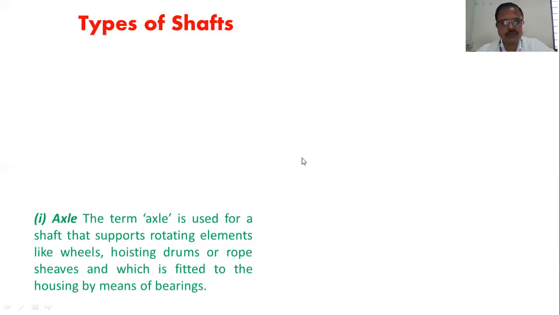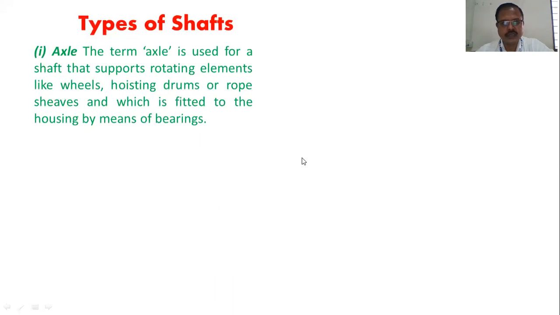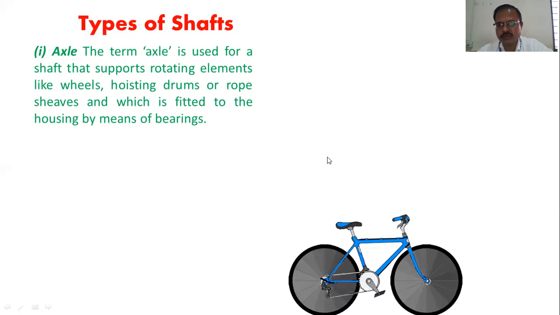So, talking about the different types of shafts. Shaft can be an axle, but axle is not a rotating element, but it supports the rotating elements like wheels, hoisting drums, or rope shoes, and which is fitted to the housing by means of bearings.